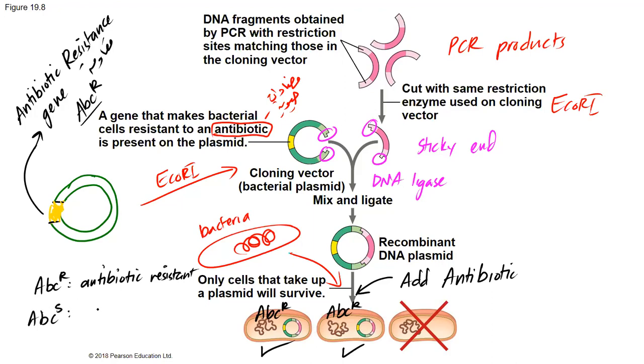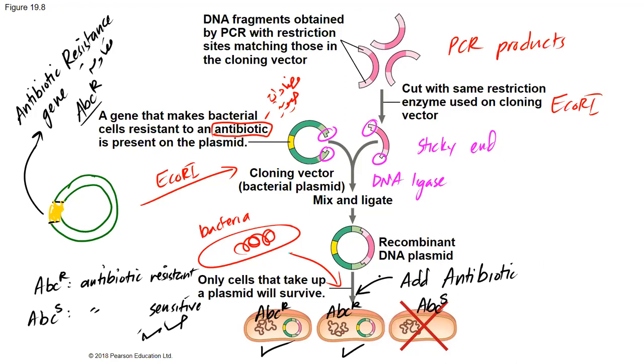ABCS means antibiotic sensitive, حساسة, and can be killed with the antibiotic. So this bacteria is ABCS because it does not have the gene that makes the bacteria resistant to the antibiotic, and this gene is found in the plasmid. Okay?